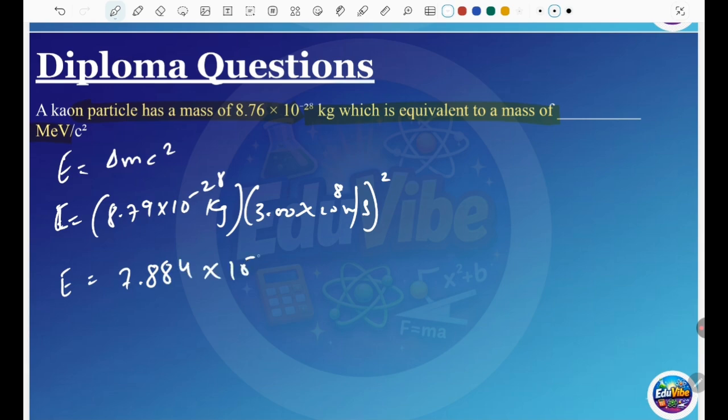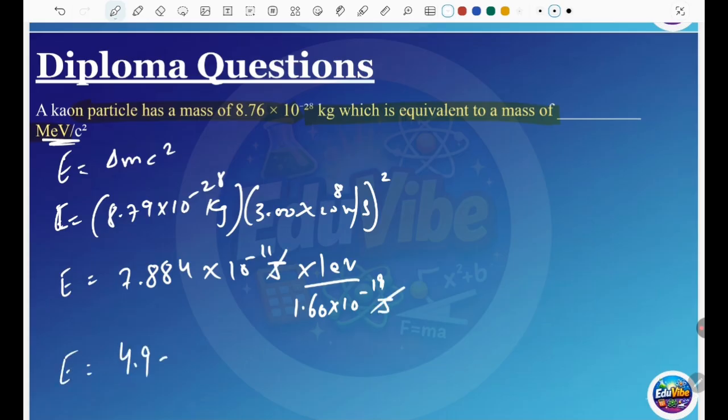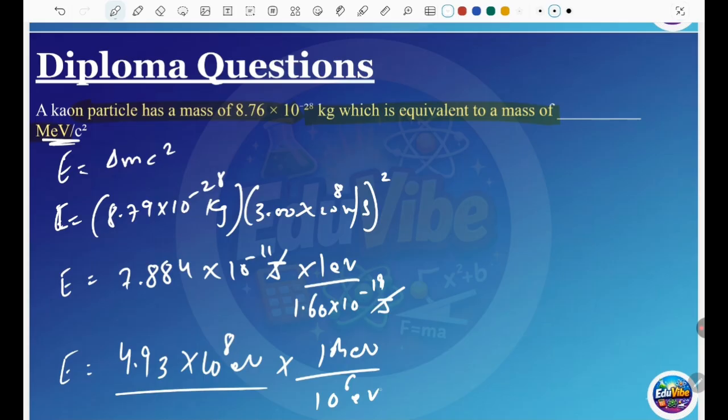You get your energy of about 7.884 times 10 to the minus 11 joules. Divide by the eV conversion, because we want it in MeV per c squared. So we firstly have to turn it into eV. We divide by that value, which is in joules. Joules cancel out. You get your E of about 4.93 times 10 to the 8 eV. We have to convert this to MeV, so divide this by 10 to the 6 eV.